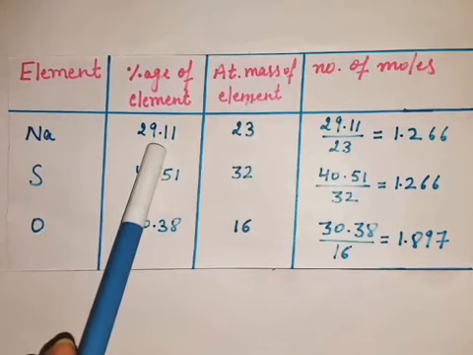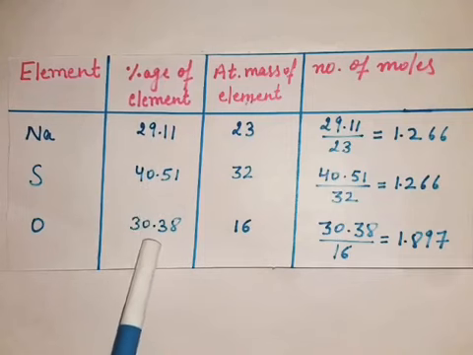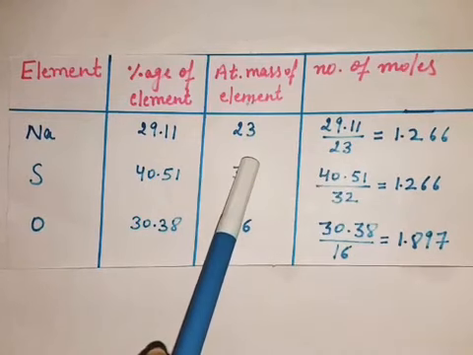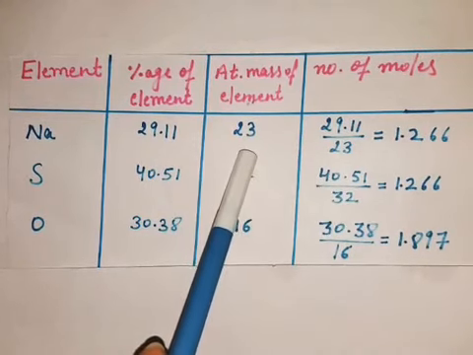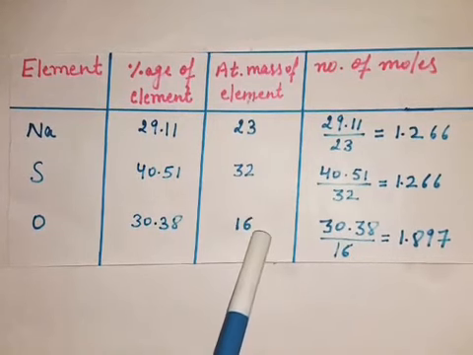The percentage of sodium is 29.11%, percentage of sulfur is 40.51%, percentage of oxygen is 30.38%. Then we will write atomic mass of element. Atomic mass of sodium is 23, sulfur 32, oxygen 16.